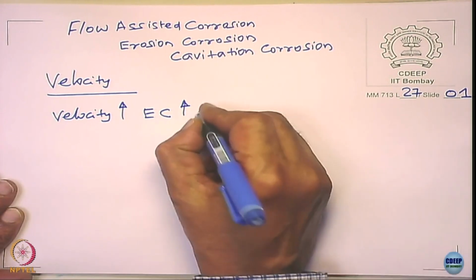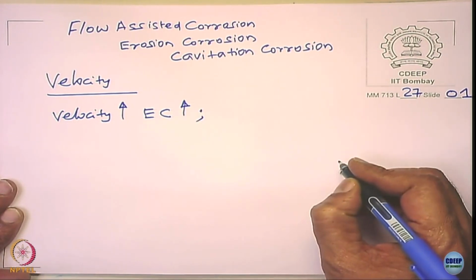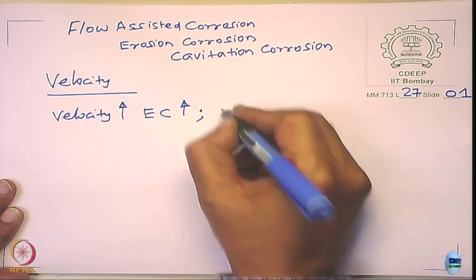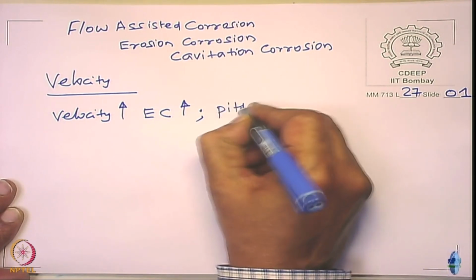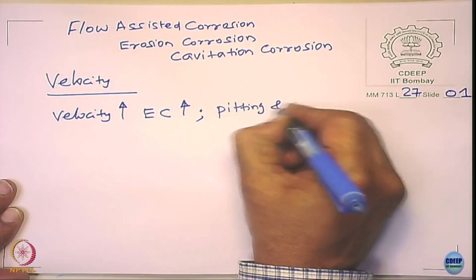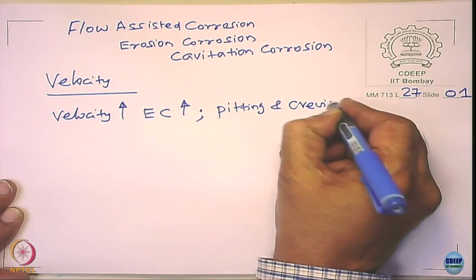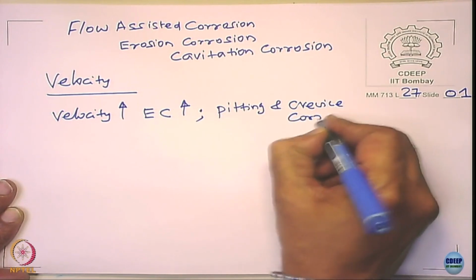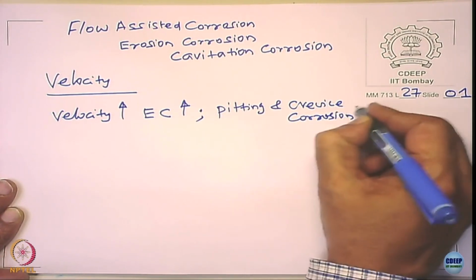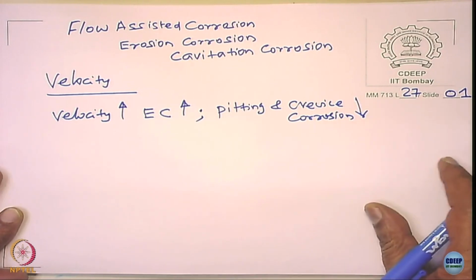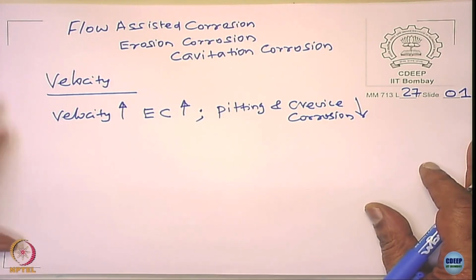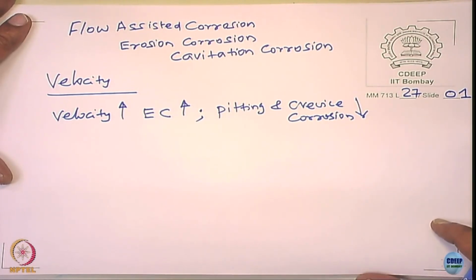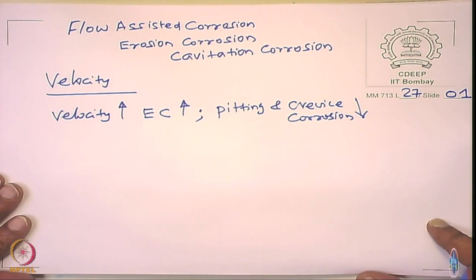But we also know that there are other forms of corrosion like pitting corrosion and crevice corrosion. They all drop when you have velocities, right. We have seen that when we discussed the pitting corrosion and crevice corrosion topics.